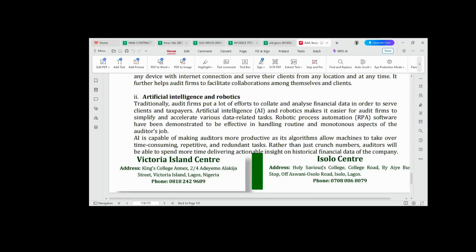So they are investing massively in artificial intelligence. And what do we mean by artificial intelligence? Before now, we used to call it artificial intelligence and expert system. It means you have a computer that is superhuman.